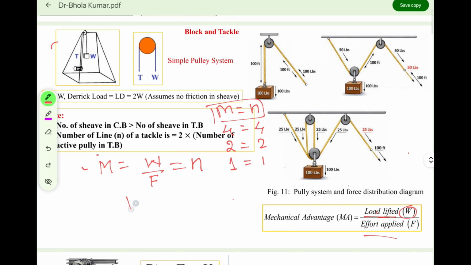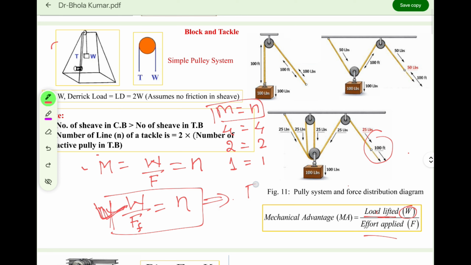So can I say W by F is equal to n? This is the one equation. And this F is nothing but your fast line load, because you are applying the load through the fast line only. This is a very important relationship. If you want to write the fast line load F, you can write W by n, right? This is how the basic calculation is done.